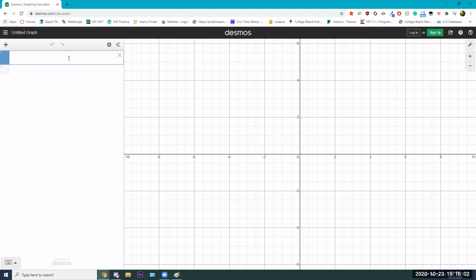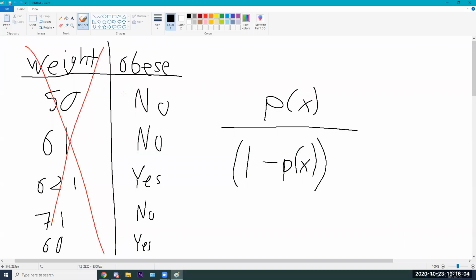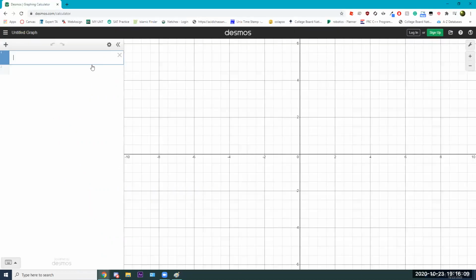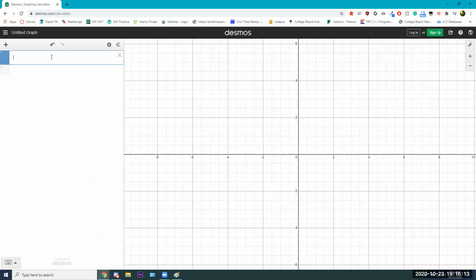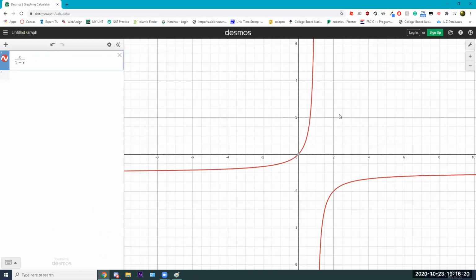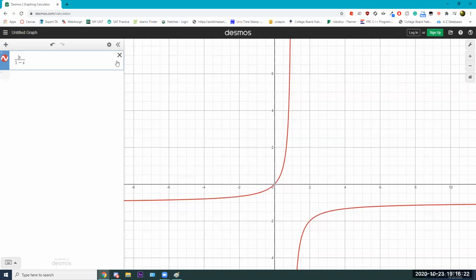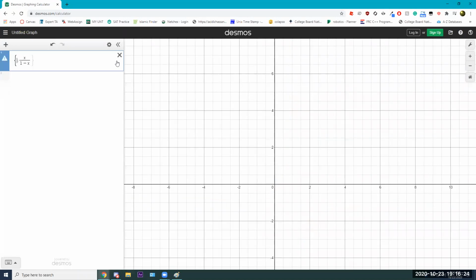Remember, P of X, the probability of anything, but in our case a mouse being obese, ranges from 0 to 1. It's a value only between 0 and 1. And so to graph this, X over 1 minus X. Well, actually, we're only considering the cases between 0 and 1.